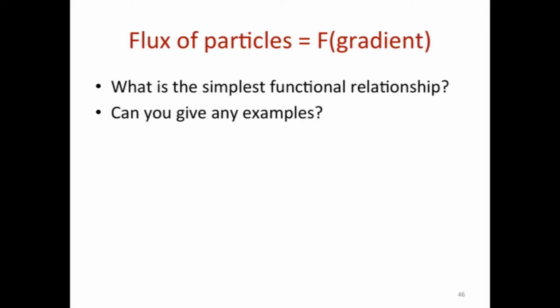So the gradient of pressure is my driving gradient. And I have coefficients of proportionality. What are the coefficients? Permeability and viscosity. So I'm separating the two, but together they are this one coefficient that relates the flux to the gradient of pressure.